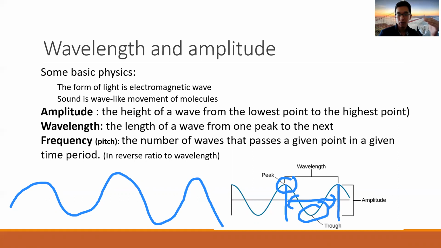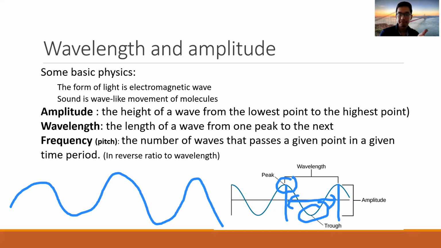And yes, you can see different colors. Why can you see different colors? Because light with different colors has different frequencies. The red light has a lower frequency, meaning it has a longer wavelength. The purple or the blue light has a higher frequency or shorter wavelength.